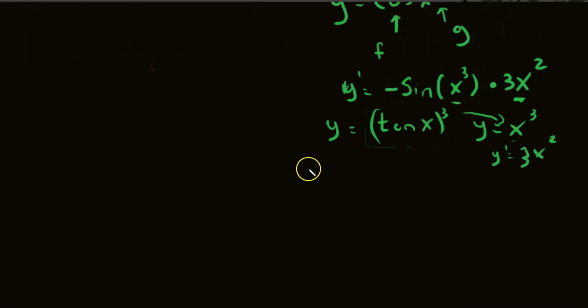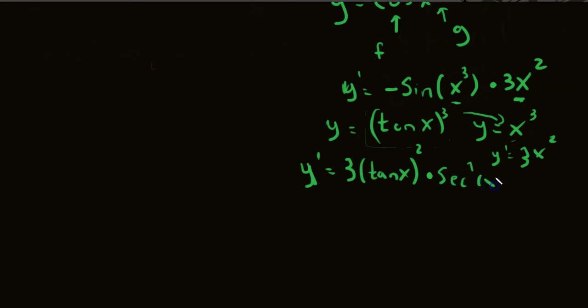So let's apply the chain rule here. We'll do the x cubed form derivative, which is we'll bring the 3 to the front, leave the inside alone, and subtract 1 from the exponent. And then you multiply by the derivative of the inside, and basic rules of differentiation state that the derivative of tan x is secant squared x. It's in basic tables.